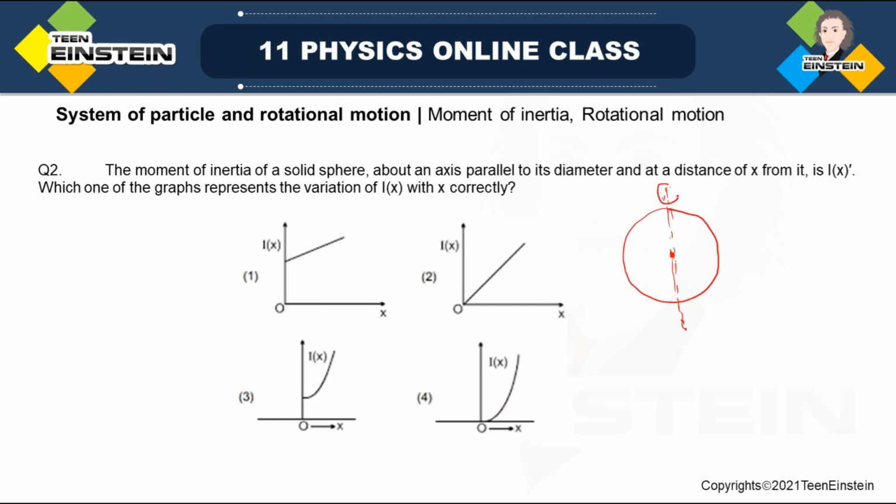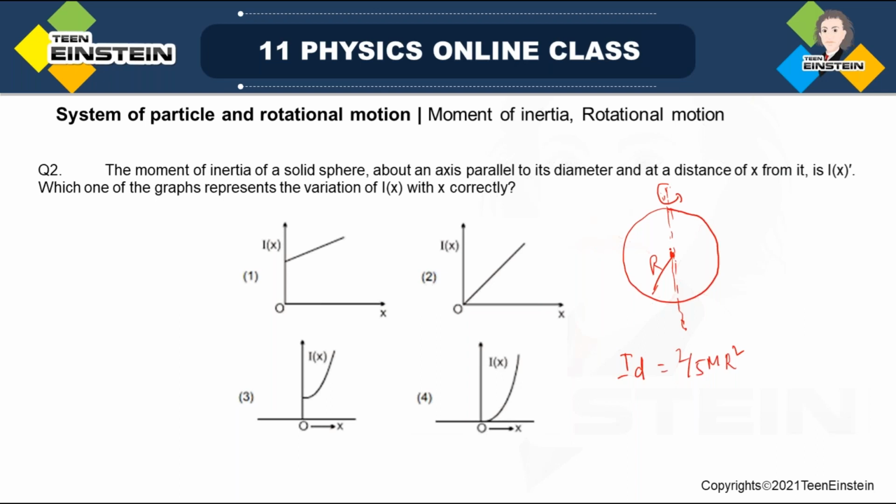It can rotate about this diameter, and the moment of inertia about this diameter, if I write Id, can be written as 2 by 5 m R square, where capital R is the radius of the sphere.